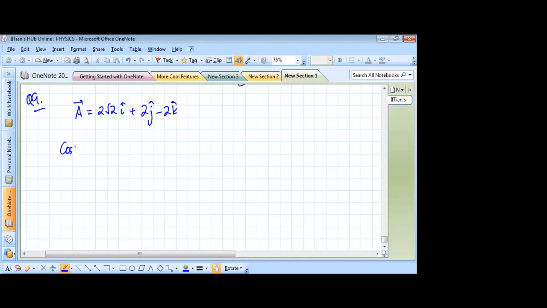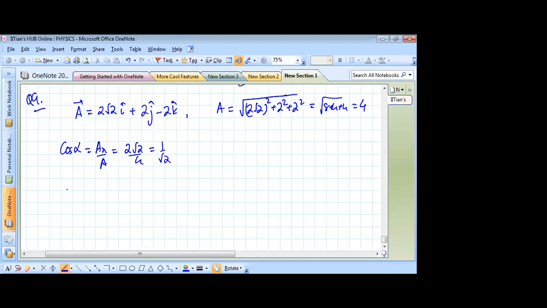So cos alpha is ax by a. The magnitude of the vector you can see is the root of 2√2 whole square plus 2 square plus 2 square. So that is 8 plus 4 plus 4, so that is 4. So this is 2√2 by 4 or 1 by root 2.